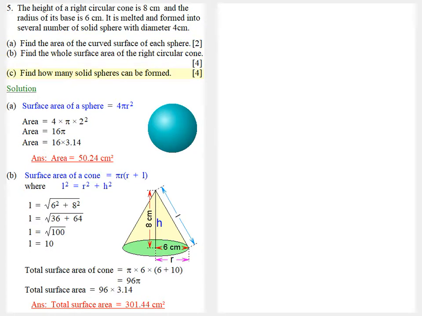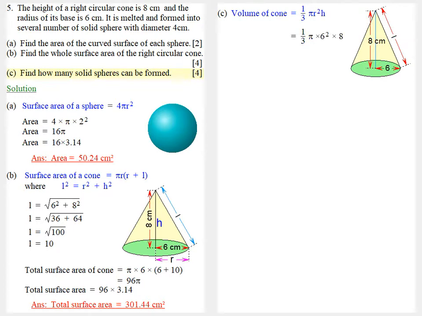Now in part C, we have to find out how many solid spheres can be formed. To do that, we're going to have to work out the volume of each sphere and the volume of the cone. The volume of a cone is given by the formula 1/3 pi r squared h.